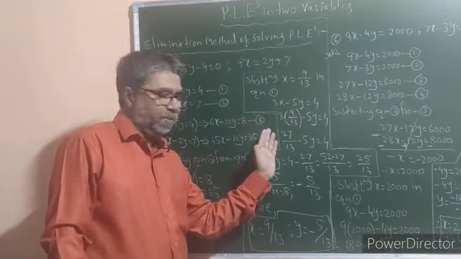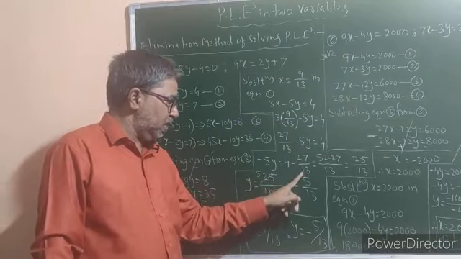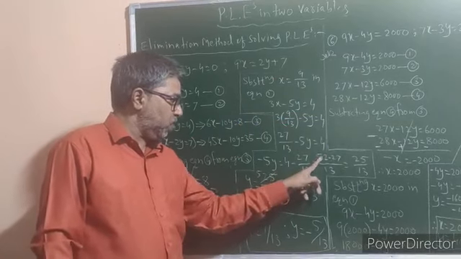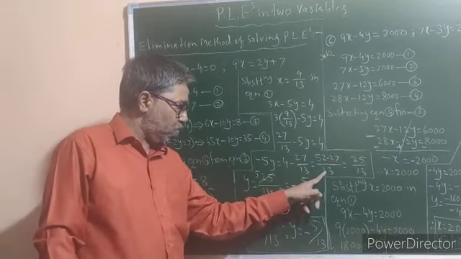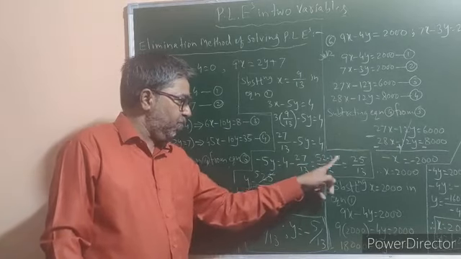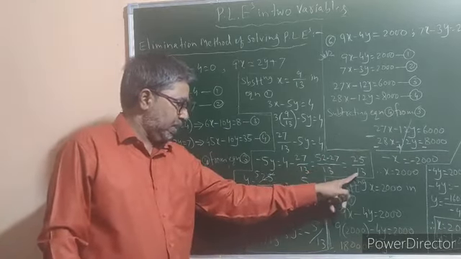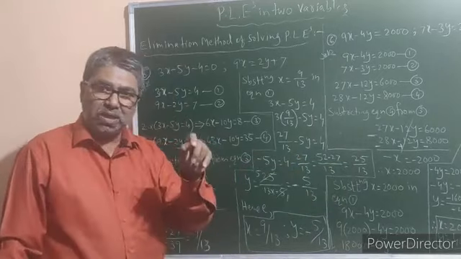Shift plus 27 upon 13 towards right, you will get minus 27 upon 13. So 13 4s are 52 minus 27 upon 13, denominator will be 13. Now numerator after simplification 25 upon 13. So minus 5y is equal to 25 upon 13.